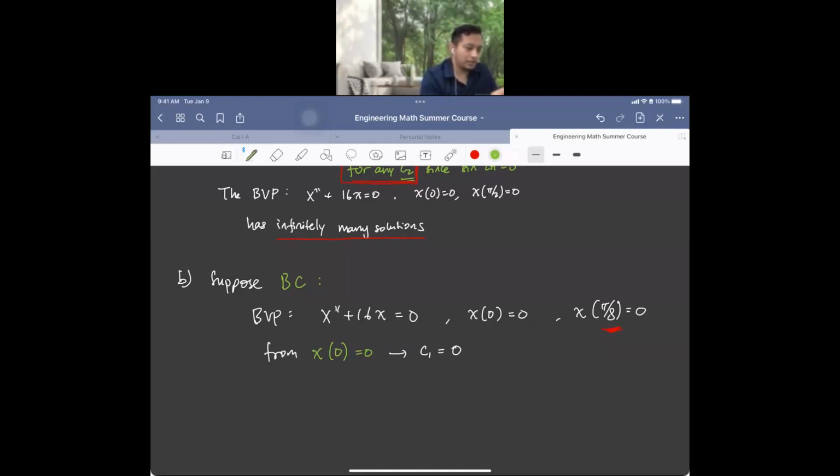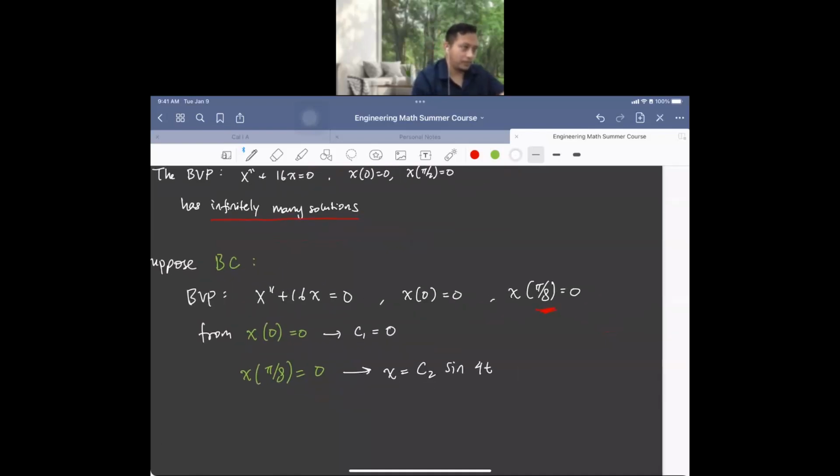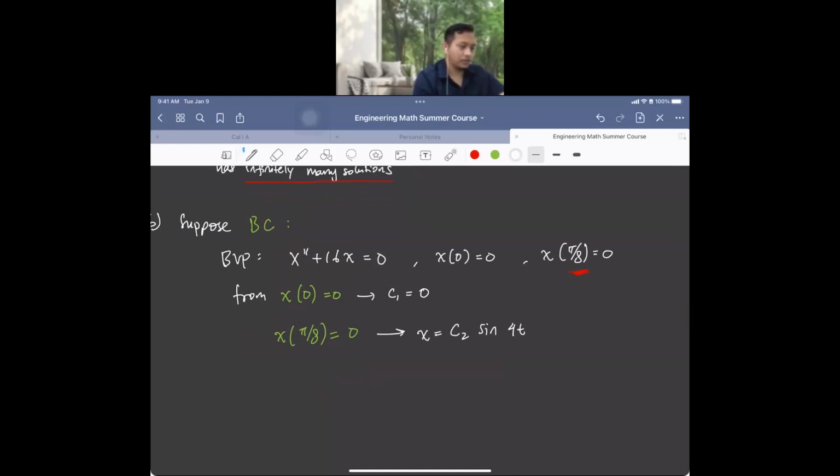But for x(pi/8), this requires c2 sine 4t. If we let x(pi/8) be 0 as the condition here, pi/8 becomes pi/2, right? So it's exactly that c2 will be 0.